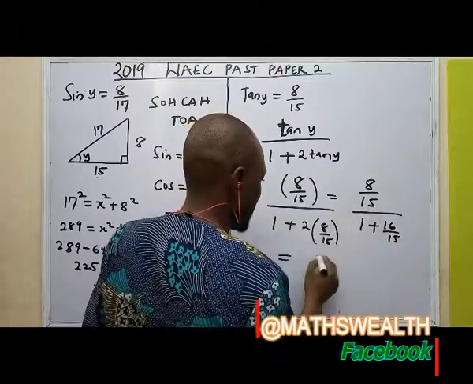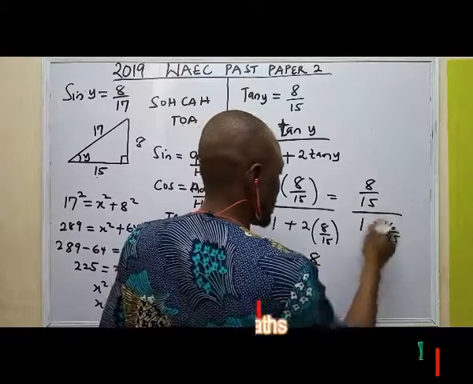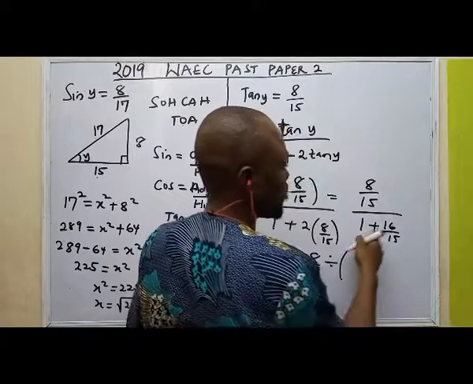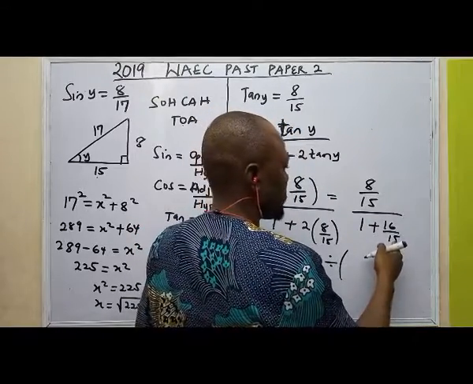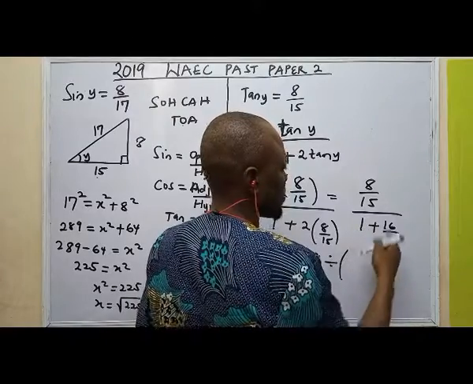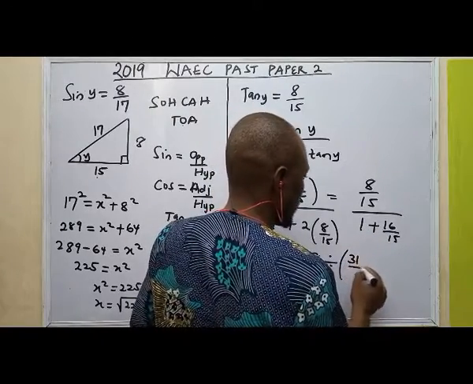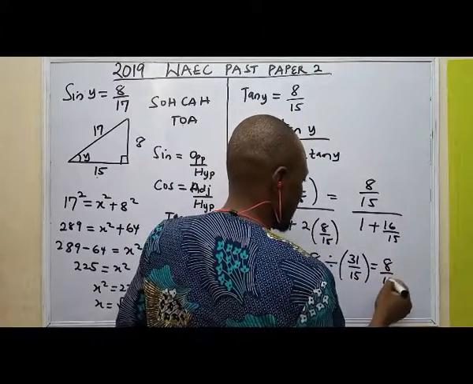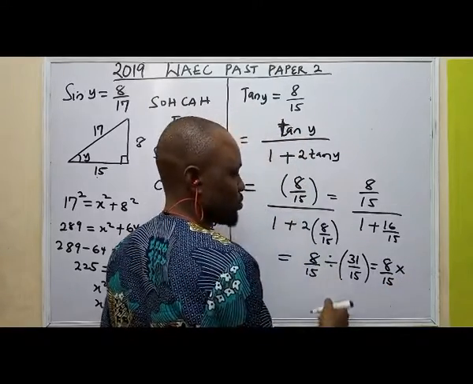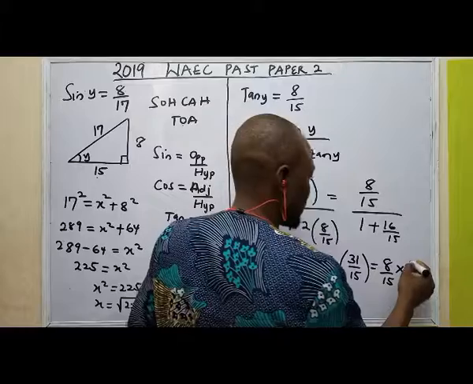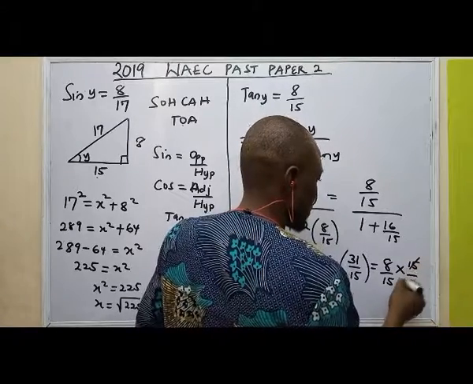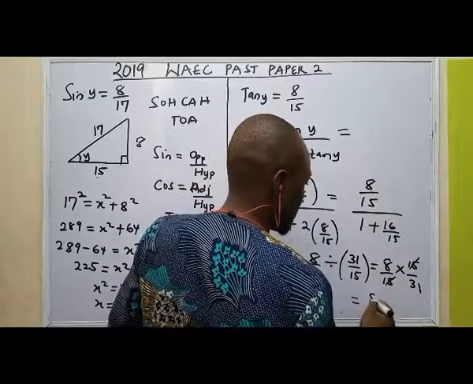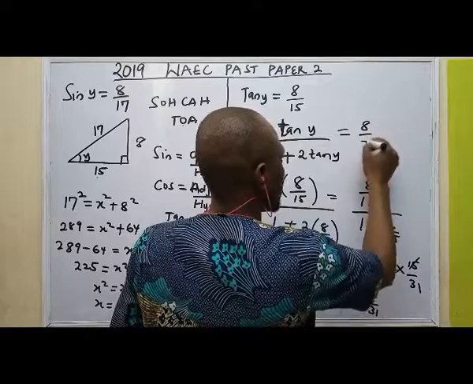One whole number is 15 over 15, so 15 plus 16 is 31, giving 31 over 15. So this is 8 over 15 times, the moment I change division to multiplication, the fraction after becomes the inverse, so 15 over 31. The 15s cancel, so my answer is 8 over 31.